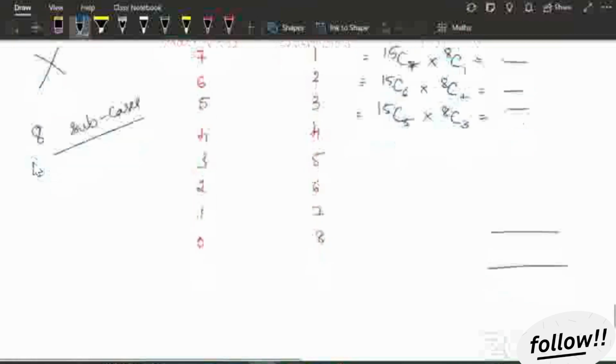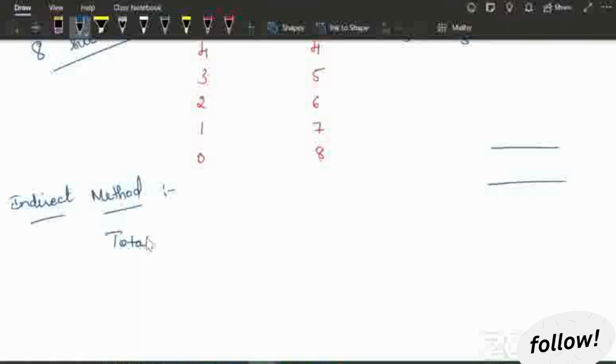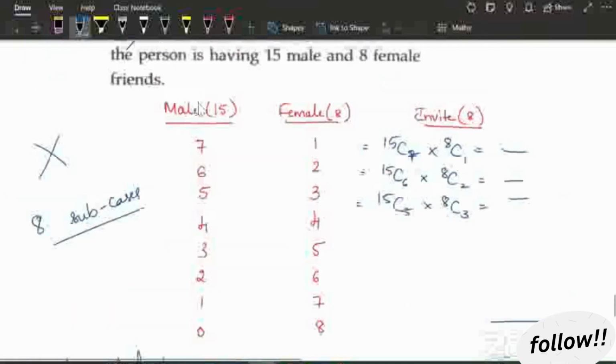So what is the indirect method? Now let us understand. So in this indirect method, I'll first find out the total friends he has. Total friends he has is 23: 15 male and 8 female.